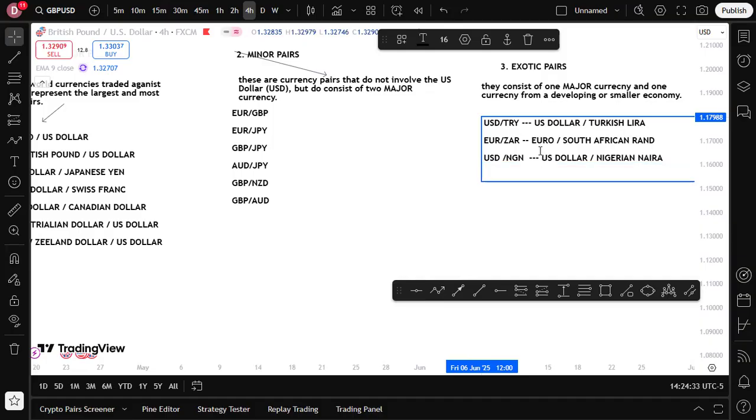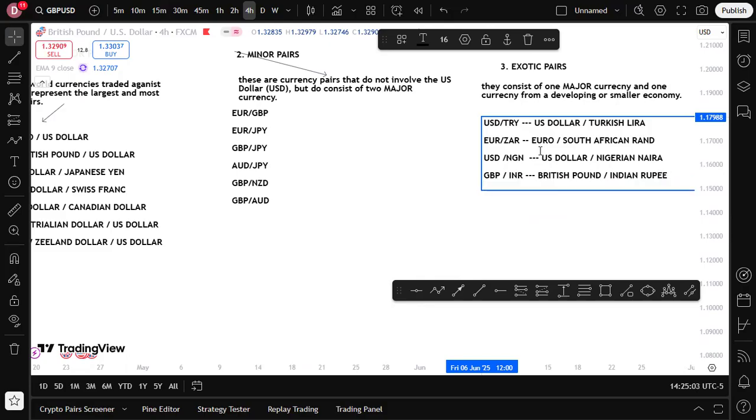And then we can also pair, let's say GBP INR, that's the British pound or the Great British pounds, versus the Indian rupees.